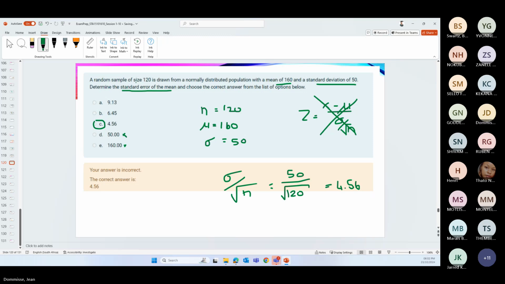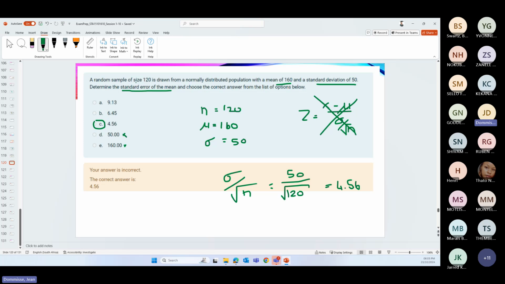So what you most likely will see is that one of the standard errors of the population where the standard deviation is known, or standard deviation is unknown, or the proportion.